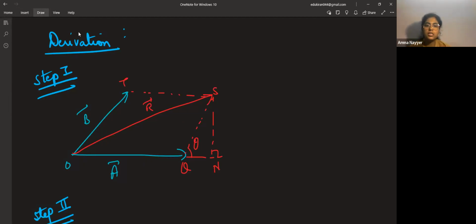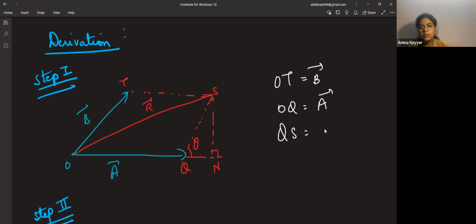This side OT is actually your vector B, and OQ is your vector A. Also this vector QS is also your vector B only. Look, both the sides are equal in the parallelogram. And similarly ST will also be the vector A. This is the first step.